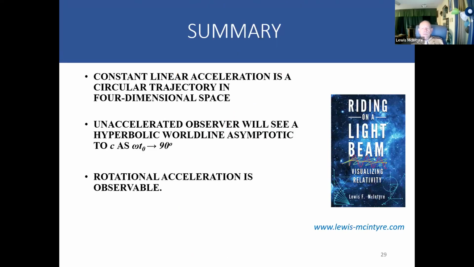So in summary, the velocity triangle works as well with accelerated motion as it does with constant velocity, deriving graphically and with simple geometry a hyperbolic world line otherwise requiring some erudite math. And as we have shown, constant rotational acceleration is observable by some reference frame, indicating it is the underlying physical reality.